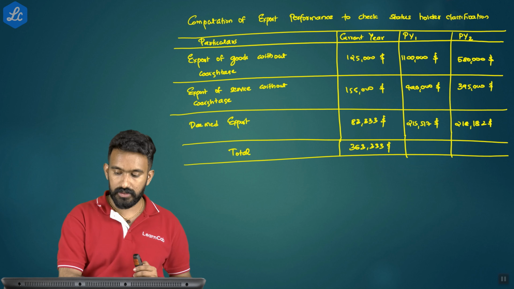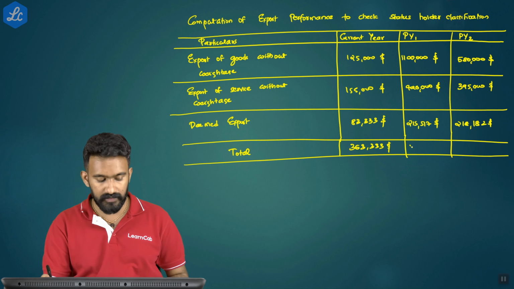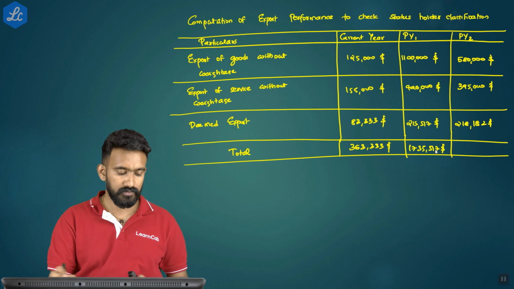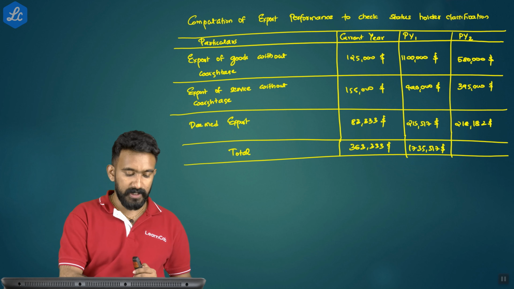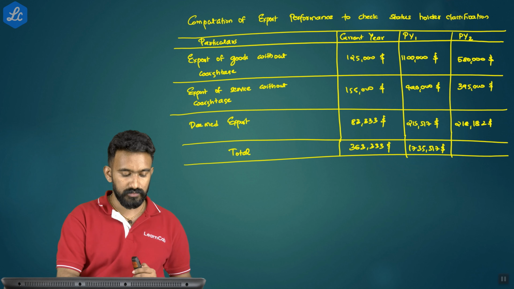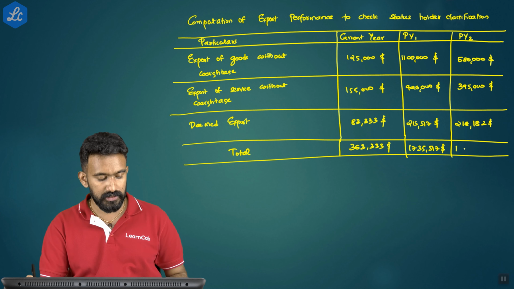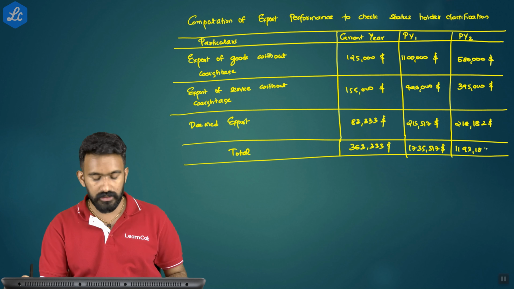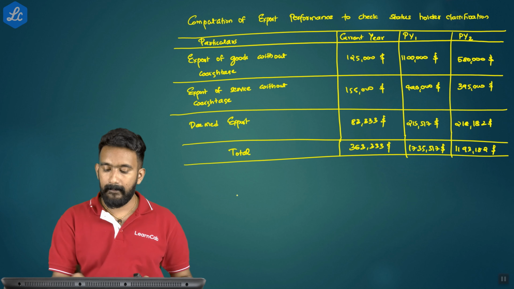Then 215,517 plus 4,20,000 plus 11 lakh will give you 17,35,517 dollars. Then 5,80,000 plus 3,95,000 plus 218,182 would give you 11,93,182 dollars.